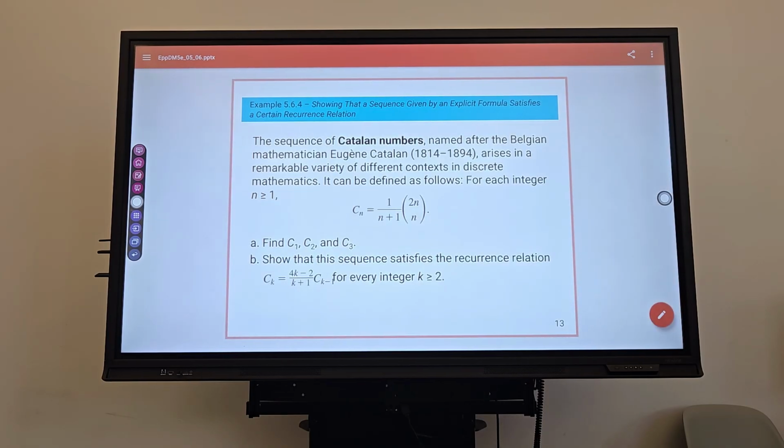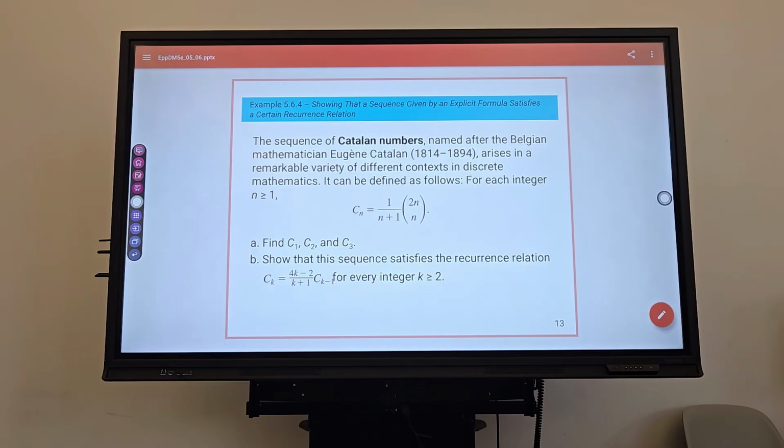The sequence of Catalan numbers, named after the Belgian mathematician Eugene Catalan, arises in a remarkable variety of different contexts in discrete math. It is defined as follows. For each integer n greater than or equal to 1, c sub n equals 1 over n plus 1 times 2n choose n.